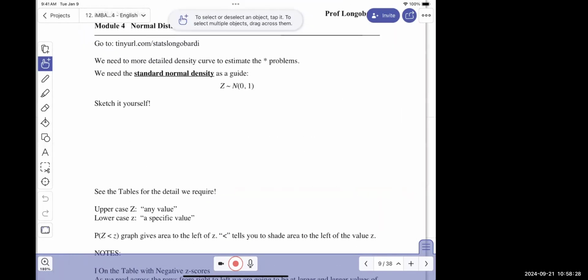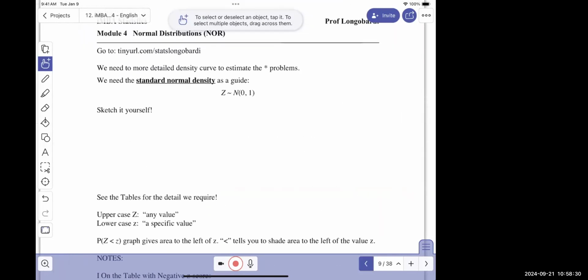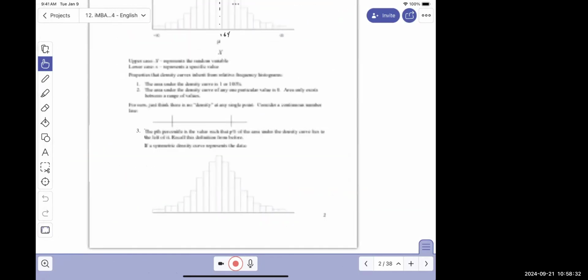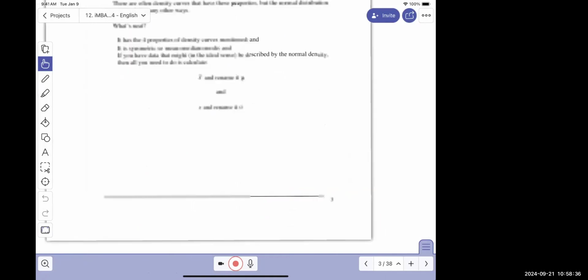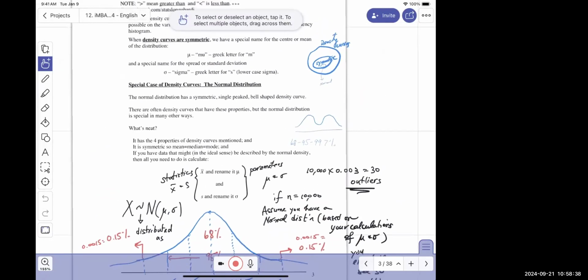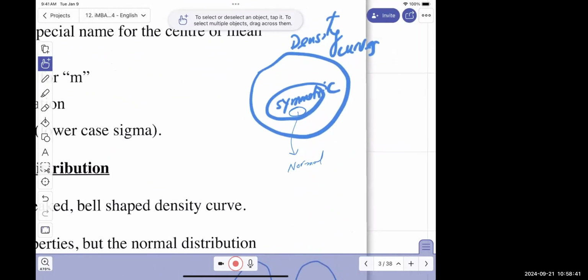to a special standard normal density. Now, remember back what I said about the density curve universe over here. Where did I say it? I think over here. So I drew this for you. So I said, out of all possible density curves, some are symmetric, and out of the symmetric ones, some are normal.